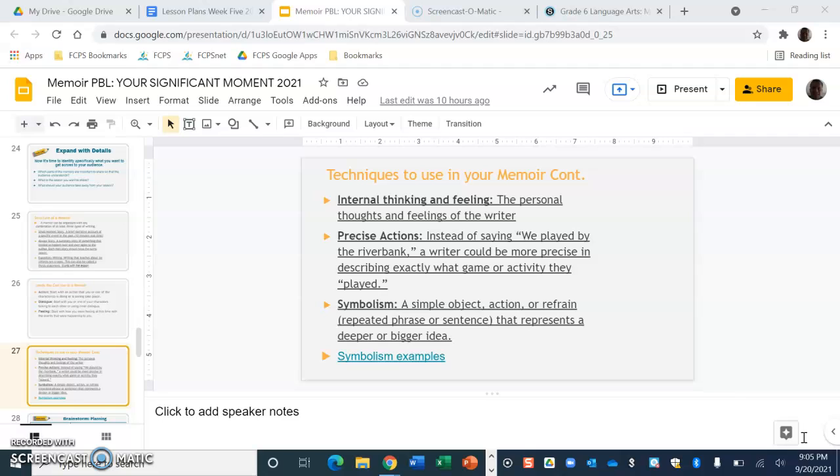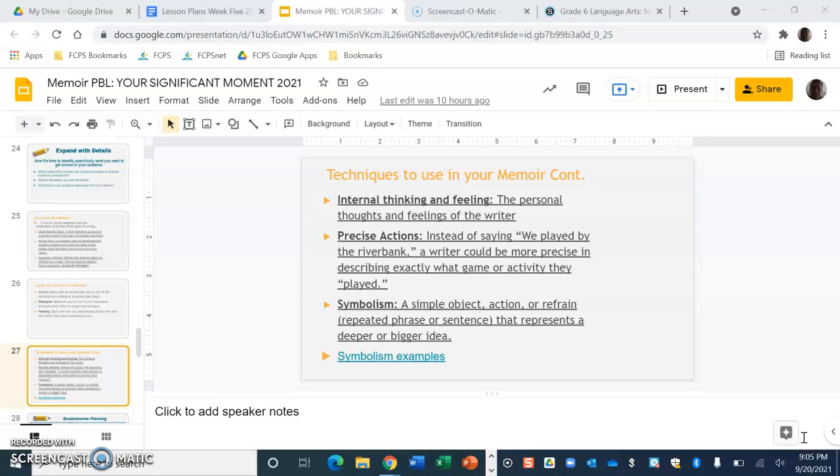So you can do that through internal dialogue, where you're telling the reader decisions that you're struggling to make as your character in the story. It could be just using descriptive words to describe the feeling that you have throughout the events of your story. That's how you can do that.